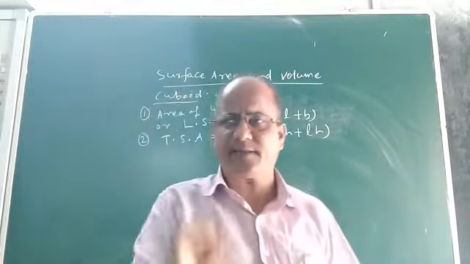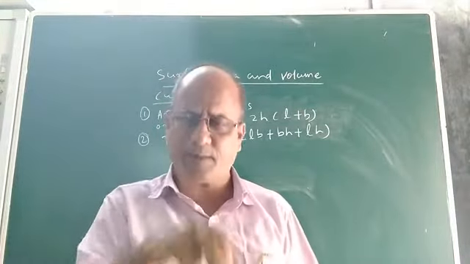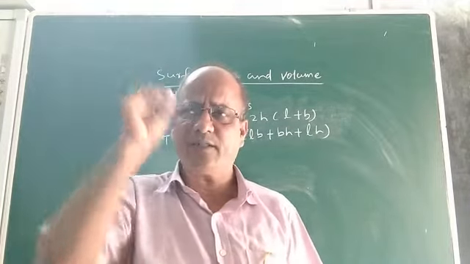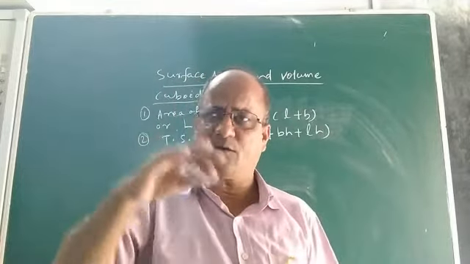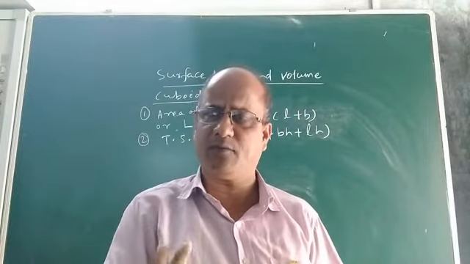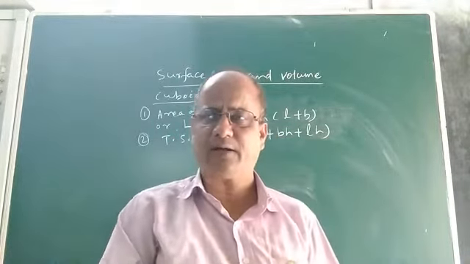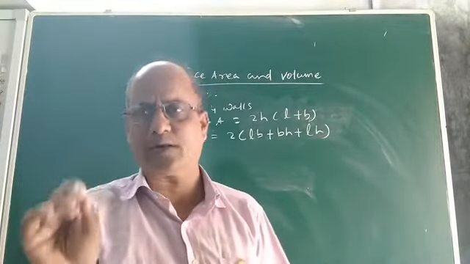What does the total surface area of a cuboid mean? It means the area of the 4 walls plus the area of the floor and the roof. The area of the floor or base and the area of the roof or ceiling are the same, equal to L into B. If the area of the roof and the area of the floor are added to the area of the 4 walls, we get the total surface area.